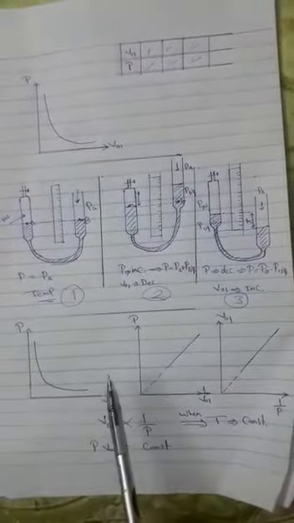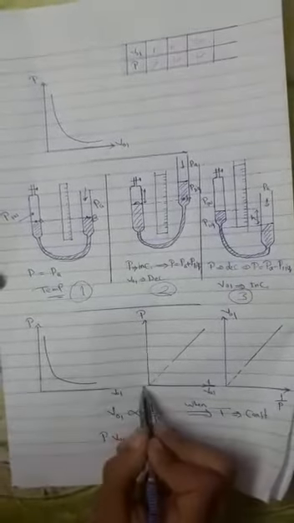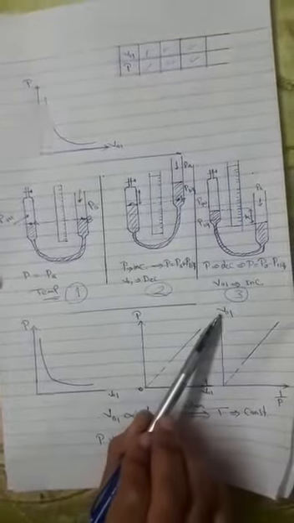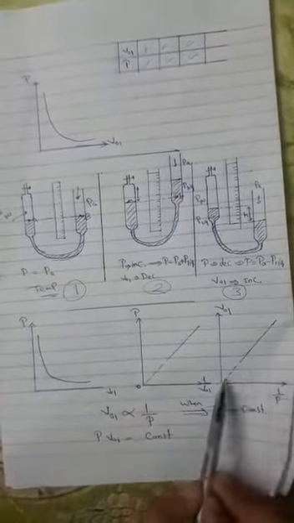So the relation between pressure and volume is inversely proportional, and the relation between pressure and the reciprocal of volume is directly proportional. The extension intersects with the origin point, and the relation between volume and the reciprocal of pressure is a direct relation.